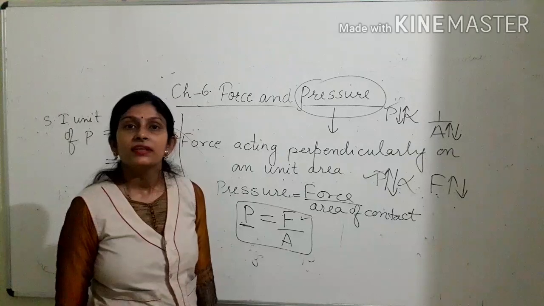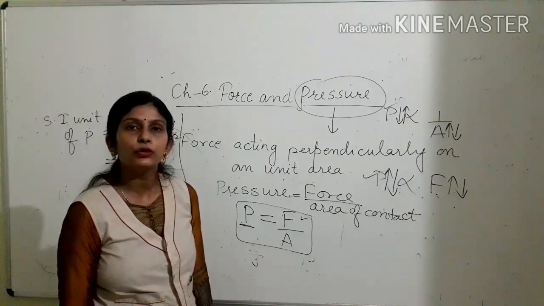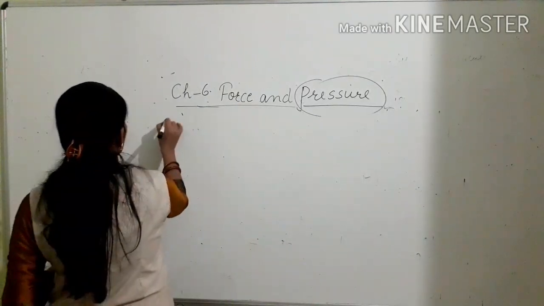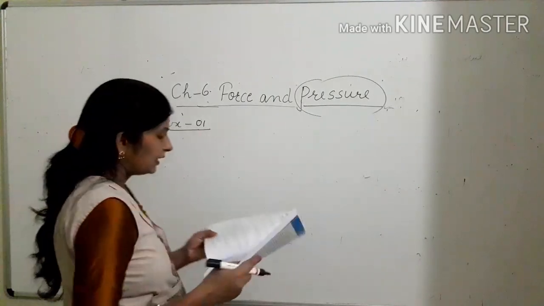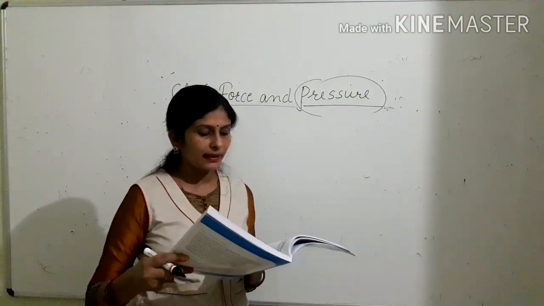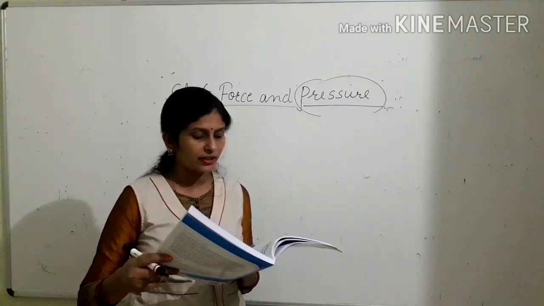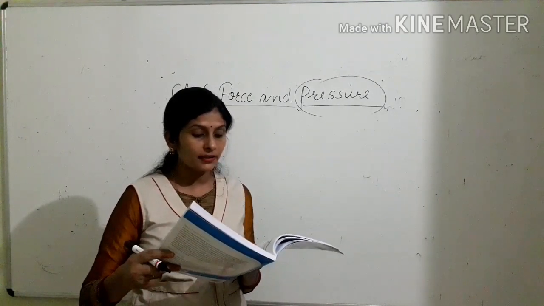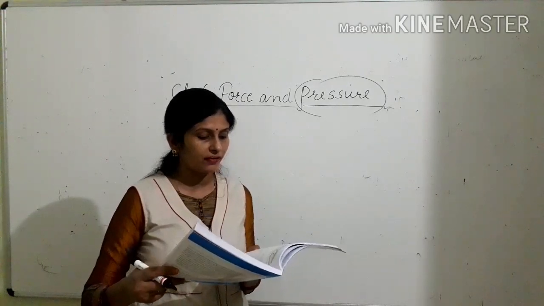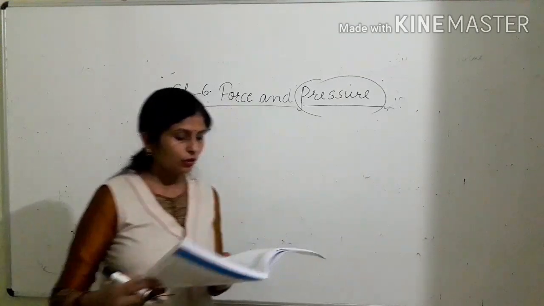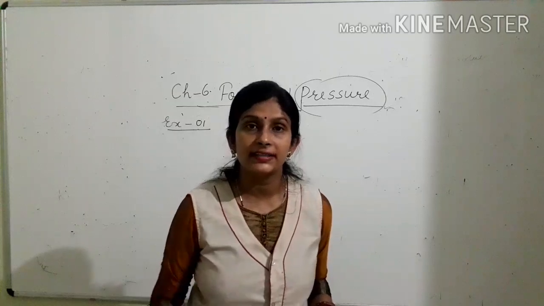Okay, now there are two examples based on pressure that I am going to solve. Example 1. Calculate the pressure exerted by the 4 feet of a chair on the ground if the area of contact of one leg of the chair is 0.1 meter square and the chair and a person sitting on it together exert a force of 500 Newton on the ground. So, it is given that there is a chair having 4 legs.